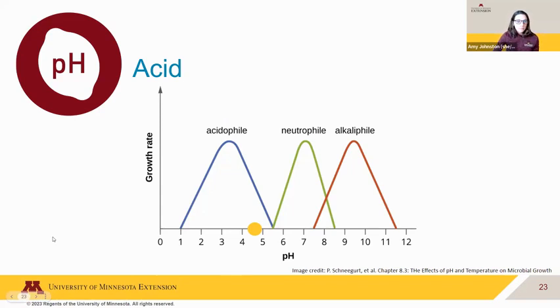The proteins in the bacteria are sensitive to the acid, meaning the hydrogen ions cannot bond or behave as they normally would, and this causes the physical structure of the bacteria to change. So the addition of acid lowers the pH and can destroy some bacteria.